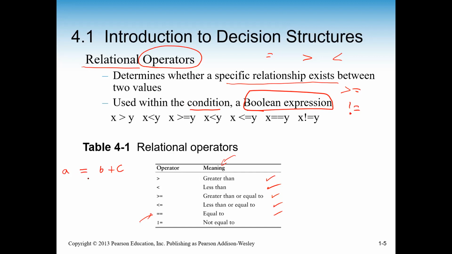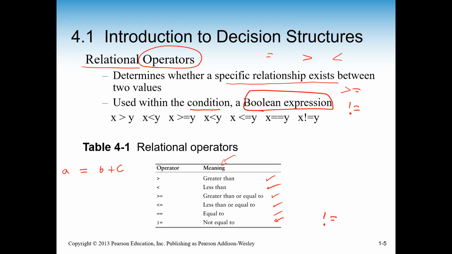So it makes sense then that two equals means equal to. And the opposite of that is the exclamation and the equal sign, which means not equal to, okay?